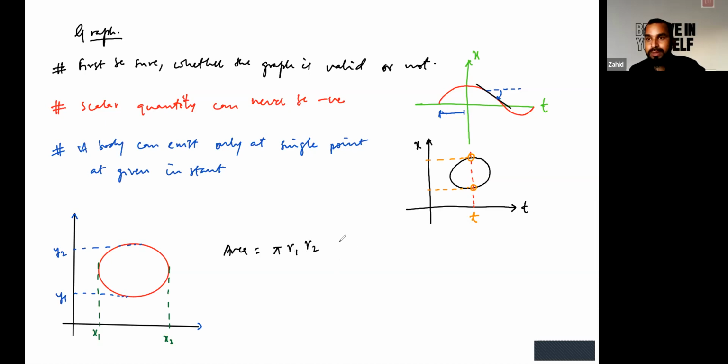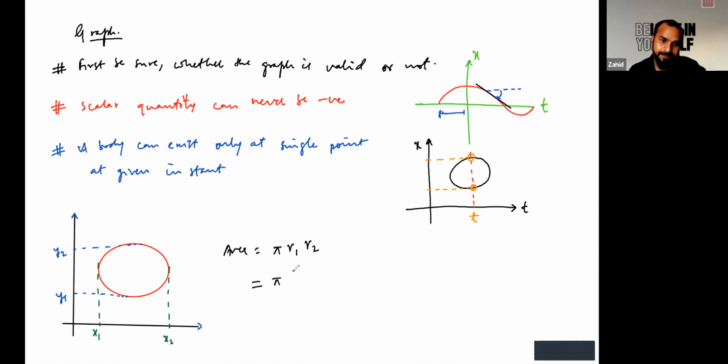If you use pi r square, it means you are using just one coordinate at a time, whether just the x coordinate or just the y coordinate. So it will be better to take both radii to calculate the area of that particular given curve.